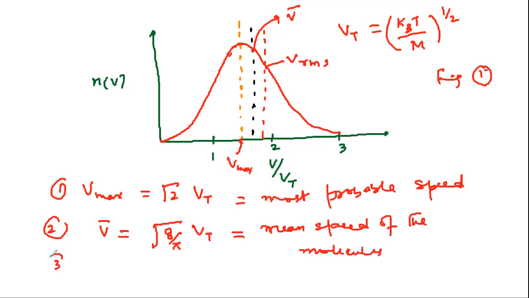And third, we have the root mean square speed of the molecules, V RMS, which is square root of 3 times v_t. What it is: the root mean square speed.